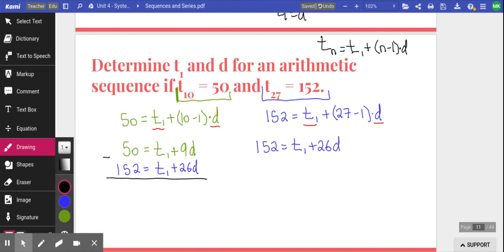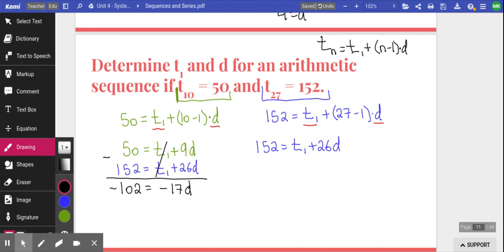So 50 minus 152 is negative 102. T of 1s would cancel out. 9D minus 26D would give me negative 17Ds. Awesome. At that point, I could solve for D by going negative 102 divided by negative 17.